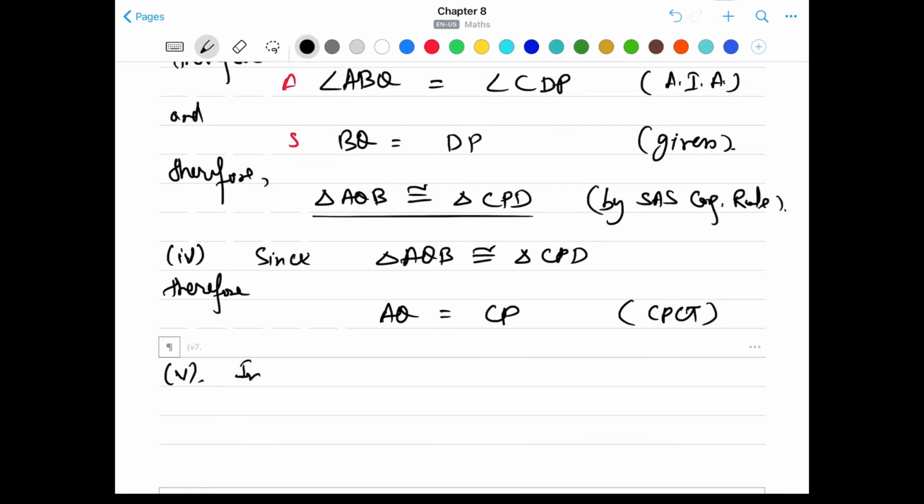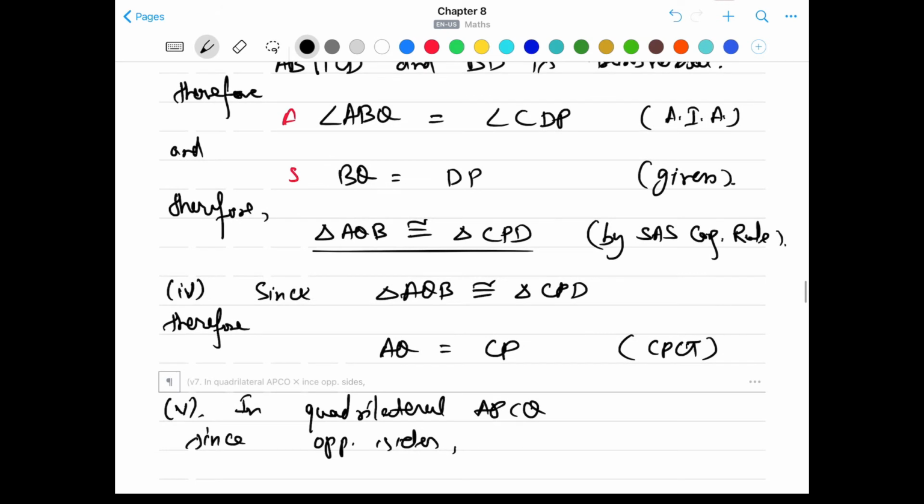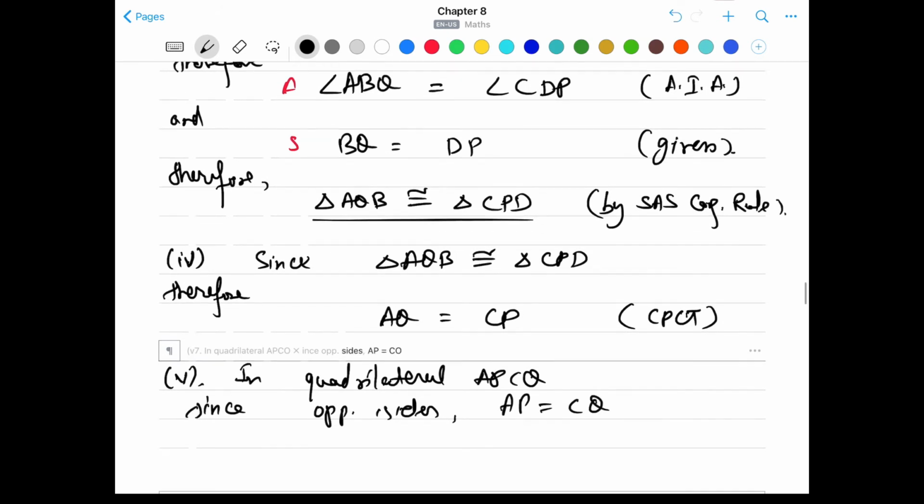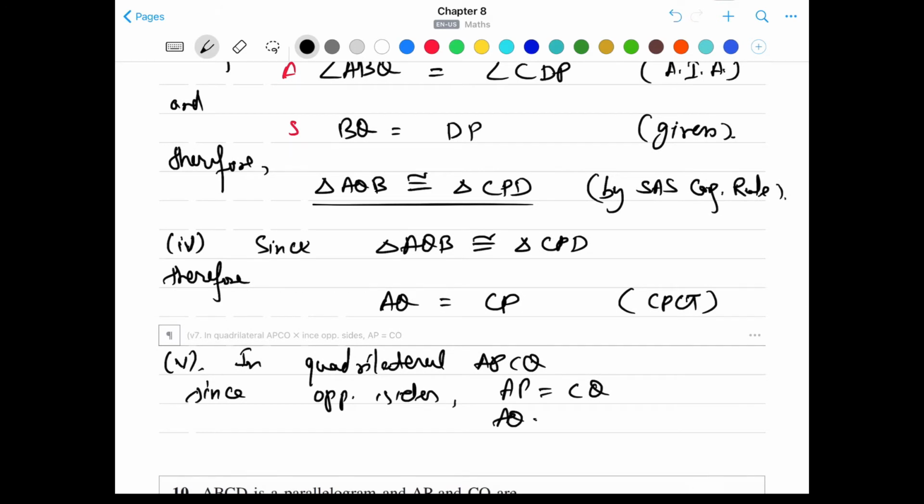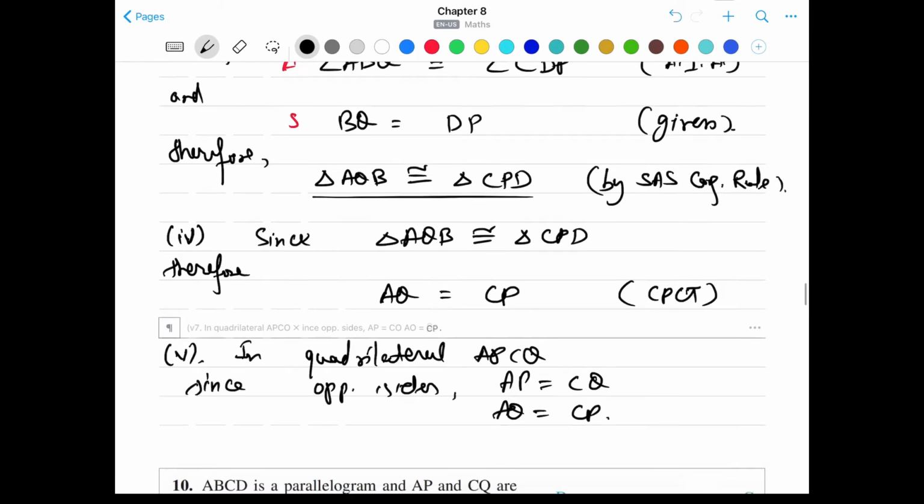Now come to the last part of this question, part 5. So in part 5, we have quadrilateral APCQ. In quadrilateral APCQ, since opposite sides are equal, we have proved that AP equals CQ, and above we have proved that AQ is equal to CP.